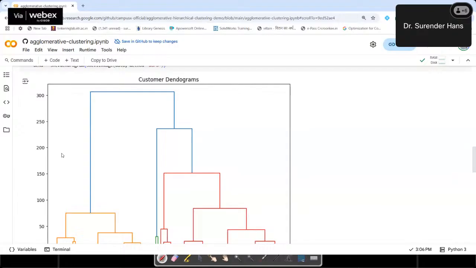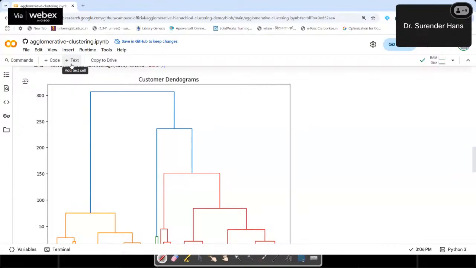And an advantage is that it keeps the record of all the merging of data points. The second advantage is that it is useful for any distance measure, which is beneficial for different types of data. Clear?